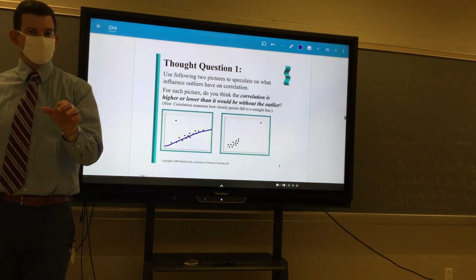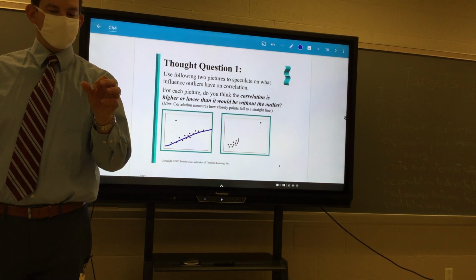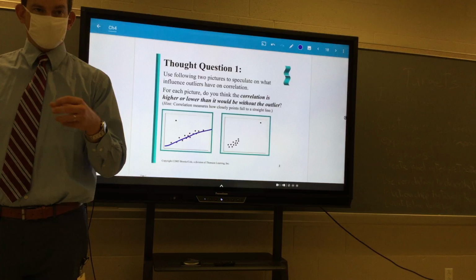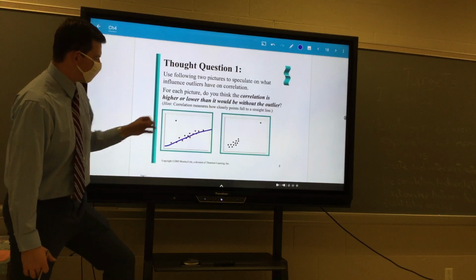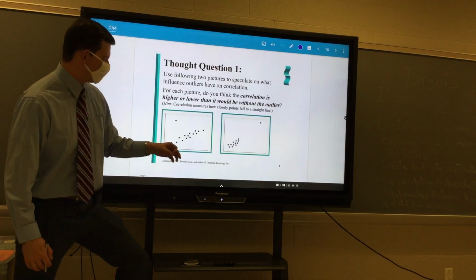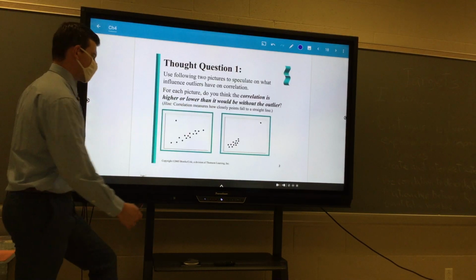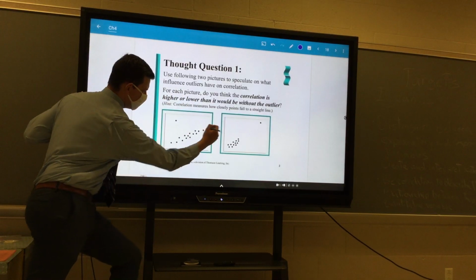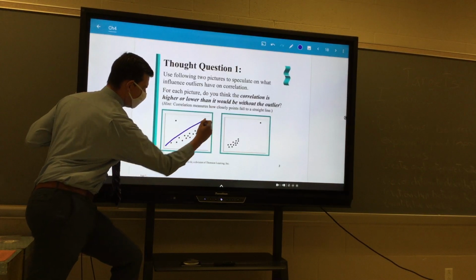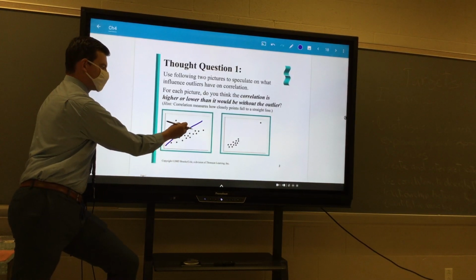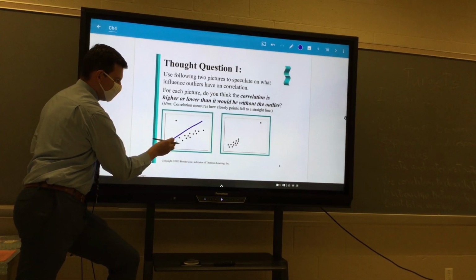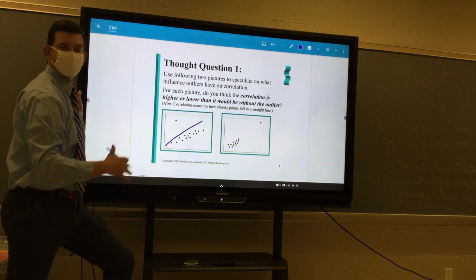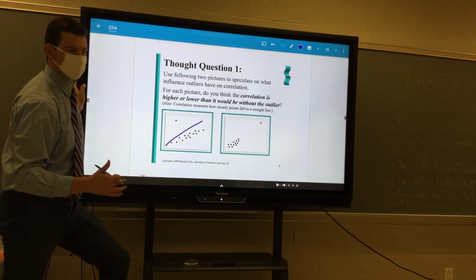But kind of like the impact that an outlier has on the mean, an outlier with a two-variable analysis pulls the line of best fit in that direction. So instead of being right through those points, it's probably going to pull that line of best fit towards the outlier, meaning that now it's not really a good representation of any of those values, right?